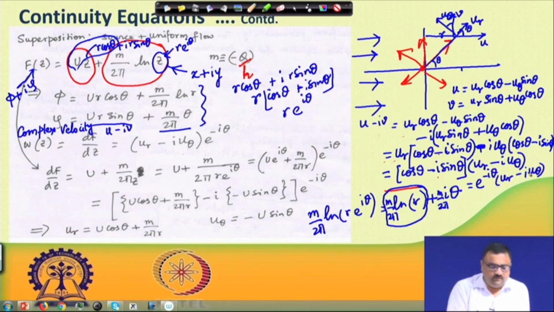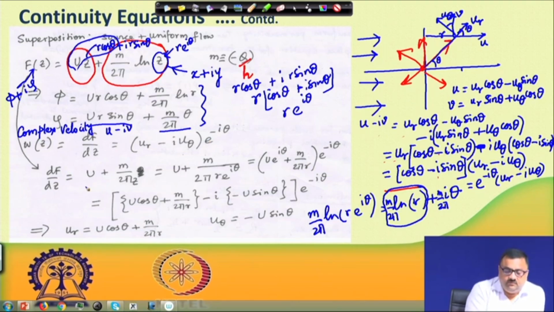That is exactly what we had written here: df dz is equal to u minus I v, which is equal to u r minus I u theta into e to the power minus I theta.